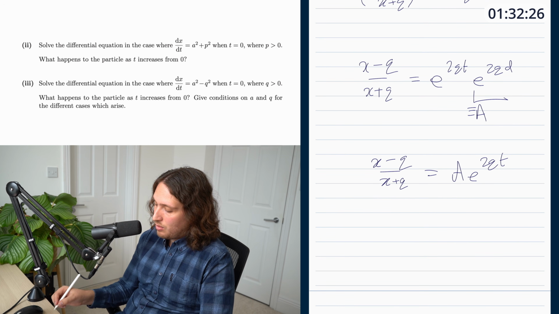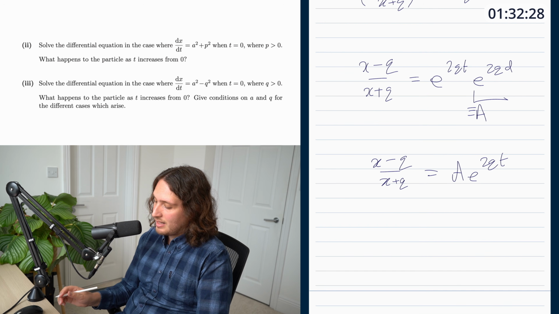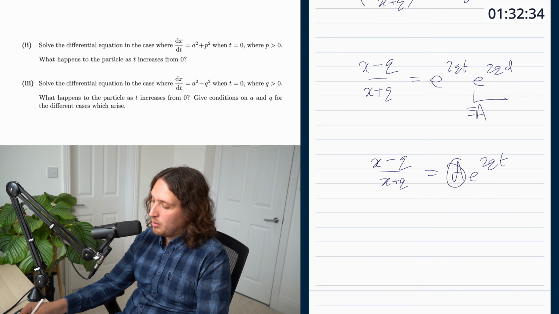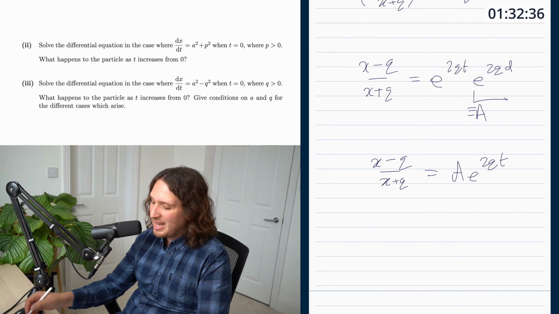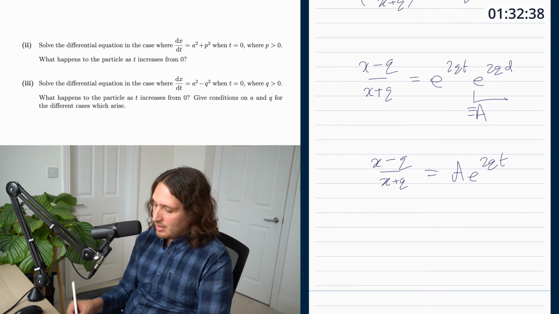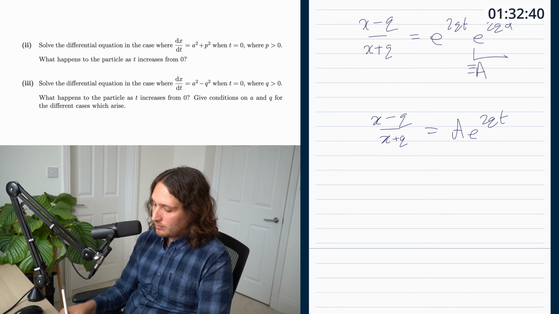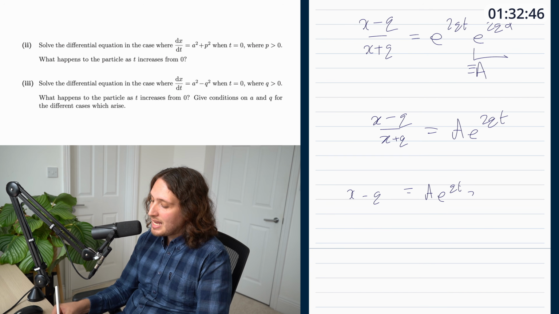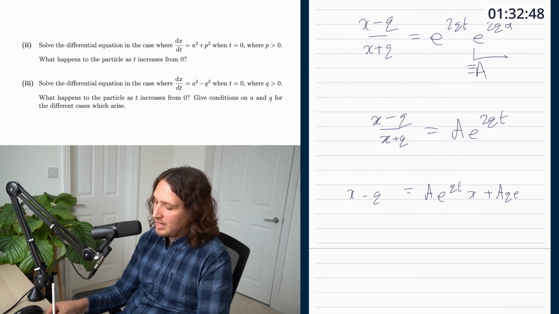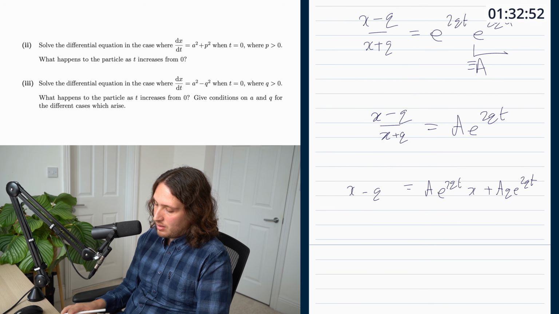Okay, so I can make x the subject quite easily. I haven't figured out what the constant is, but I'll probably do that once I've made x the subject. So what have I got then? I've got x minus q equals A x e to the 2qt plus A q e to the 2qt, and I've dropped a 2.